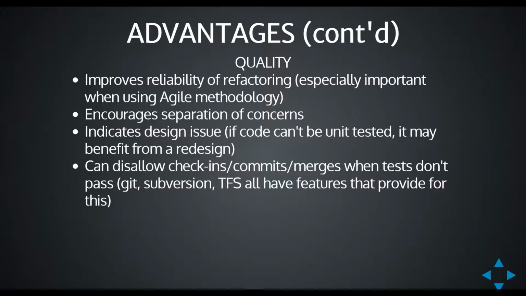This isn't really functionality that's inherent to unit testing, but you can use build server products like TeamCity to connect with your unit tests, check to see if they pass, and disallow those things if your tests don't pass. And Team Foundation Server actually has built-in features because the build server and the source control are integrated.